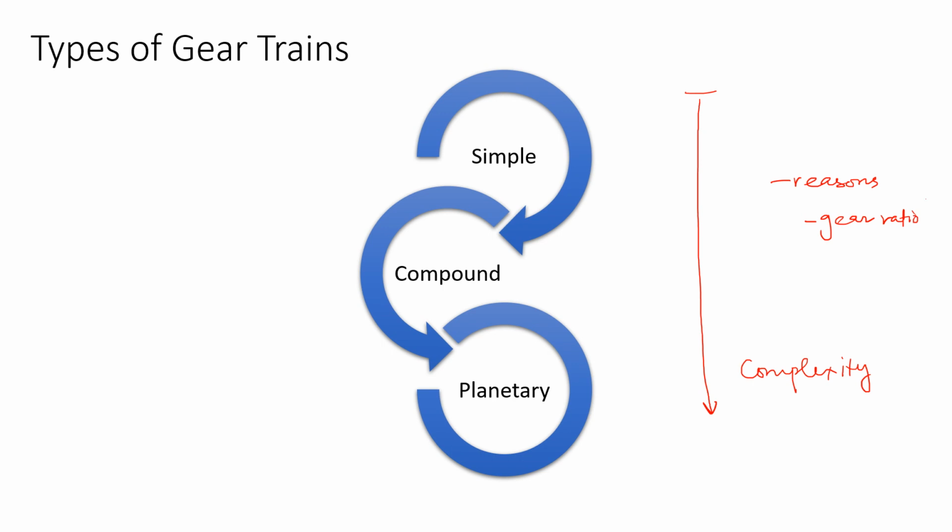If we wish to have higher gear ratios, how to handle that? Space, for example, backlash, service life, etc. So there are going to be certain reasons which are going to add this complexity in the systems, asking us to shift from simple to compound, and from compound to planetary types of gear trains.